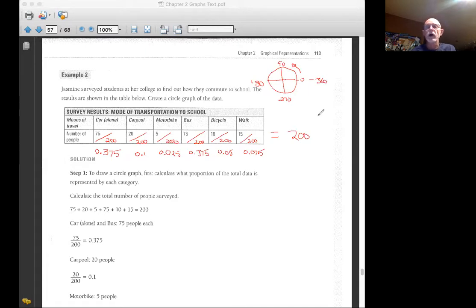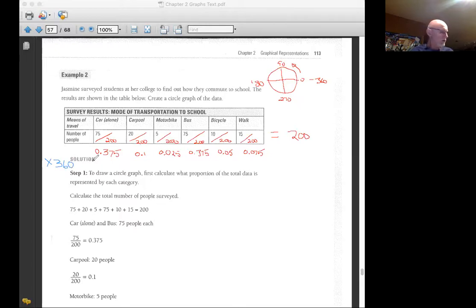So every circle has 360 degrees. So in order to find out how many degrees in your diagram you need to draw, you simply take these numbers here and you multiply them, each one of them, by 360.